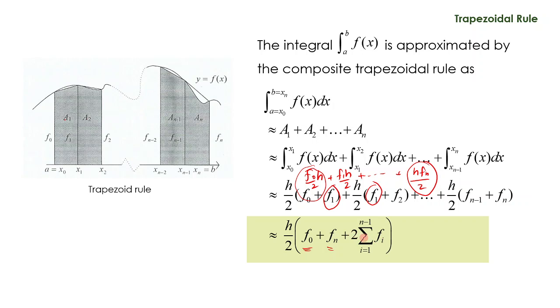So you multiply by two and sum the others. So this is the final equation.